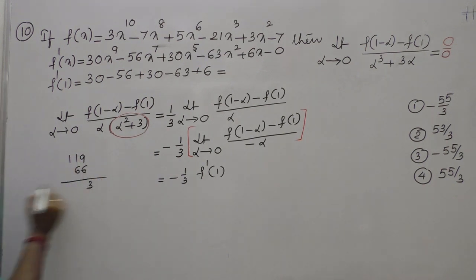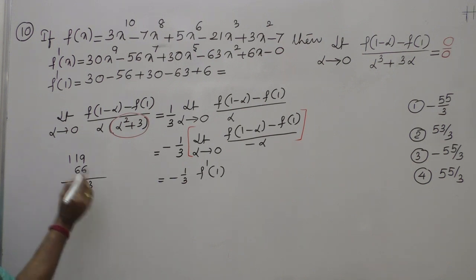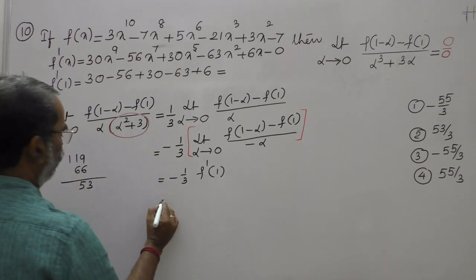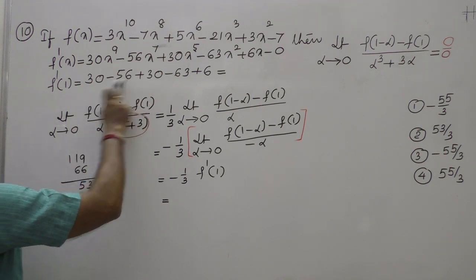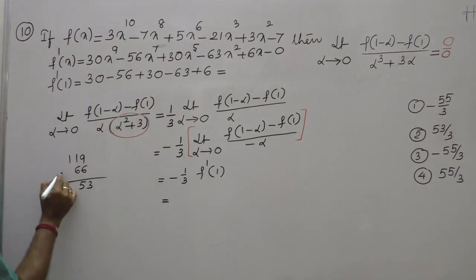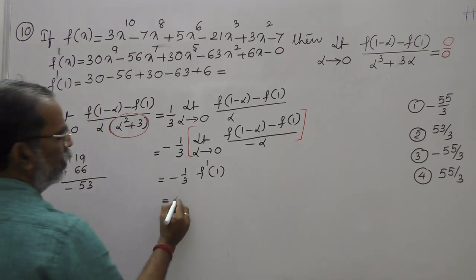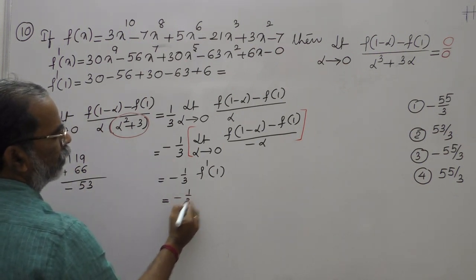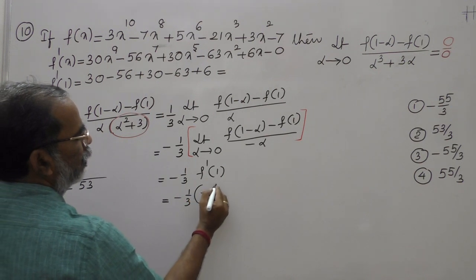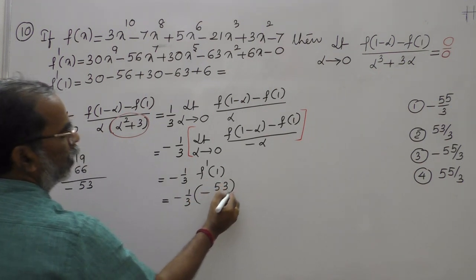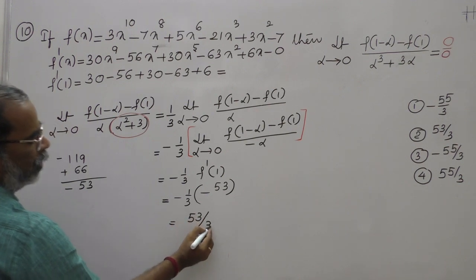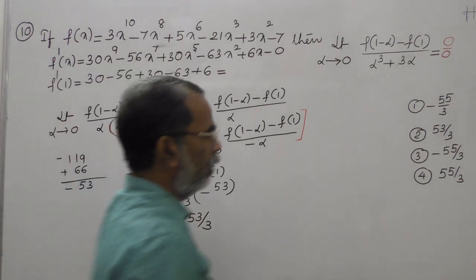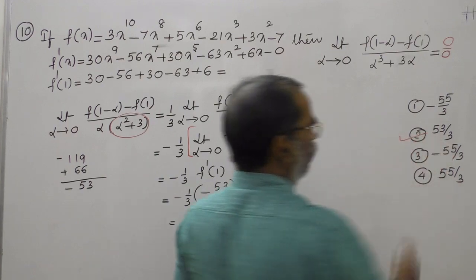Therefore, what is this? Here 60 plus 30 plus 30 plus 6. This is positive, this is negative. Therefore, this will be minus. So, therefore, minus 1 by 3 into this, f dash of 1 is minus 53. Therefore, the answer is 53 by 3. 53 by 3 means second option.